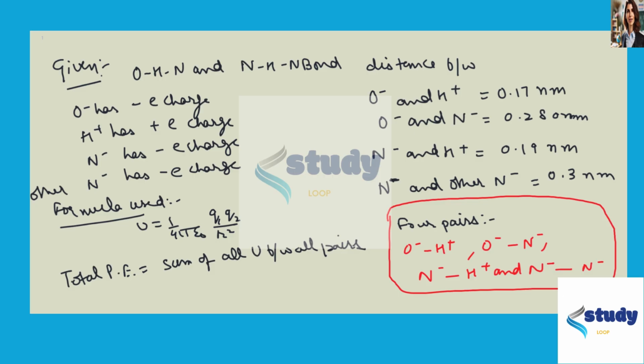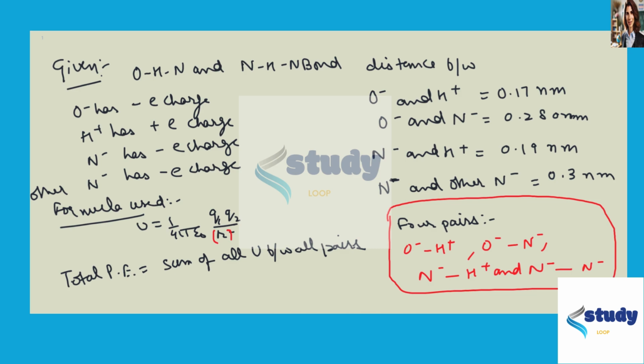We have Q1 and Q2 and we know R. Sorry, there is a mistake here, it should be just R, a single R. There is no R squared here.